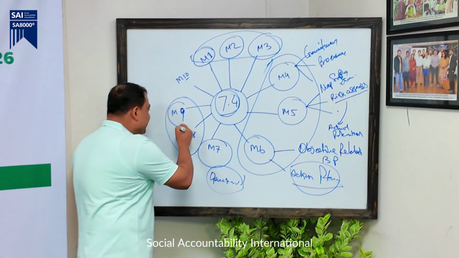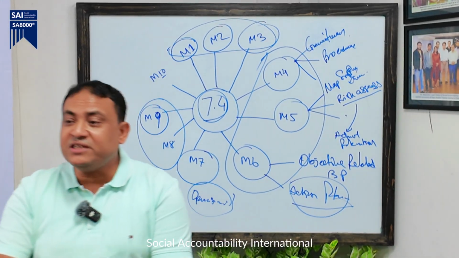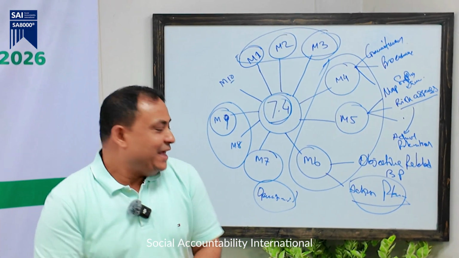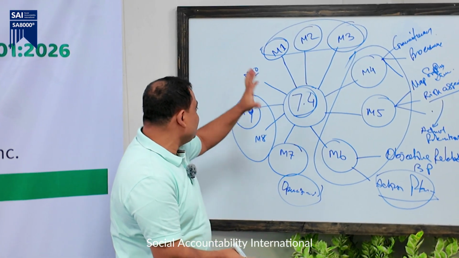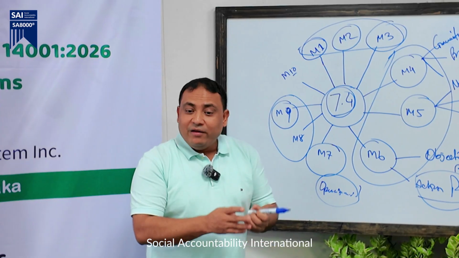Now another part is M9. M9 talks about the grievance mechanism. As you know, in the whole standard, M9 is a requirement for the entire management system.